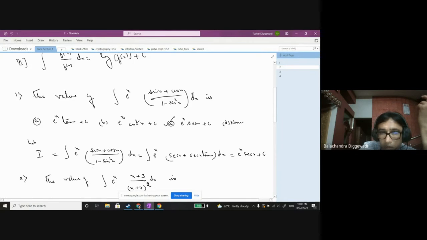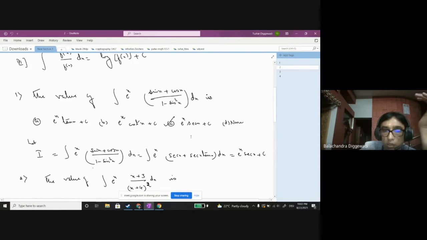It means we can divide separately. In this place you can see that 1 minus sin square x is cos square x. So sin upon cos square is nothing but sec into tan, and cos upon cos square is 1 by cos, which is nothing but sec. So that will be converted into sec x plus sec x tan x. Suppose you consider this f of x, its differentiation is the next term.